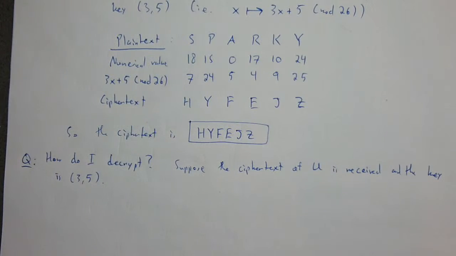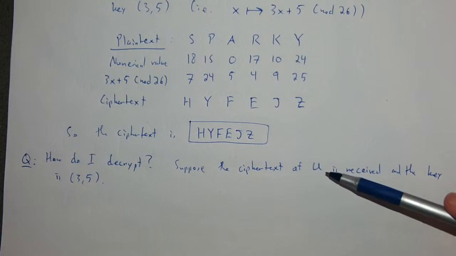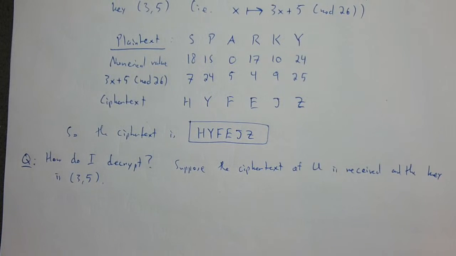So, me being the person on the receiving end of the message, I know what the key is, and I get a single letter that's been sent to me. The ciphertext I get is just the letter U. So I look at what U is in my numerical code. So U corresponds to 20.